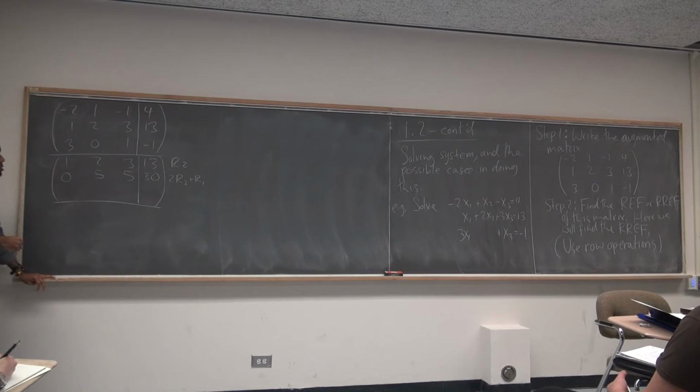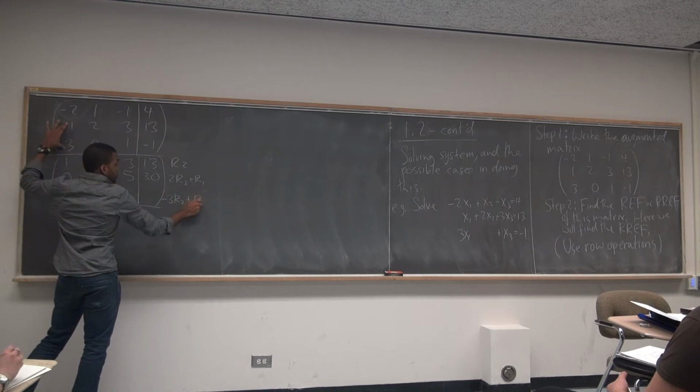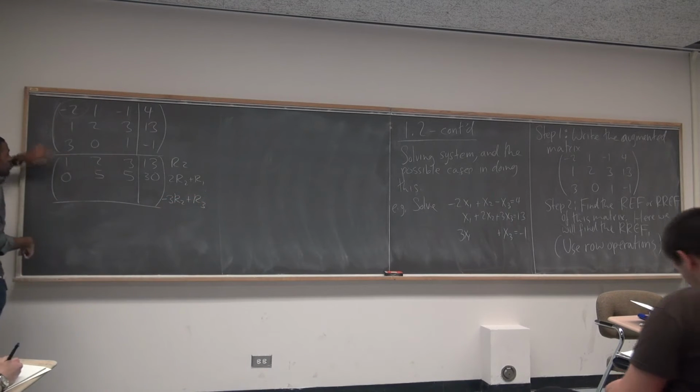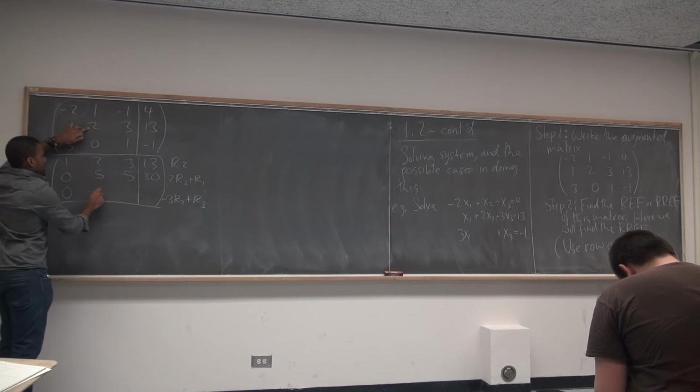Right? I'm going to want a 0 here. How am I going to get a 0? Times negative 3. That's right. So I can take minus 3 row 2 plus row 3. So it's this minus 3 times that, 0. This minus 3 times that, minus 6.